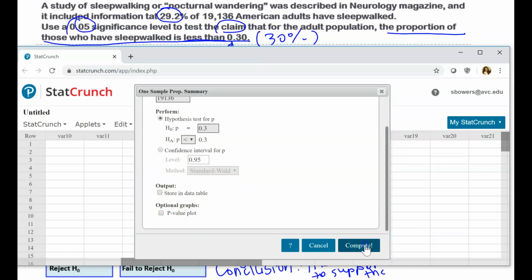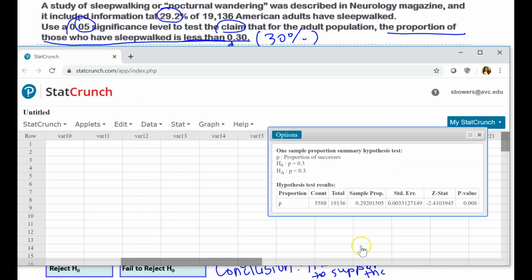We go to Compute, and we find that Z statistic is also from the StatCrunch negative 2.41, and p-value is 0.008. The same values we found previously using the graphing calculator.